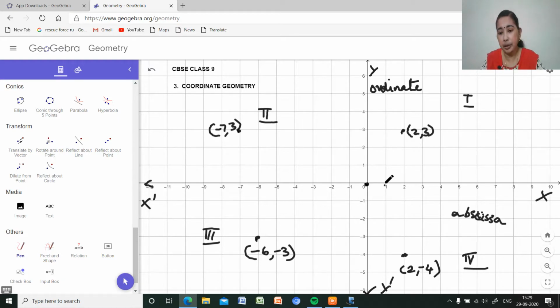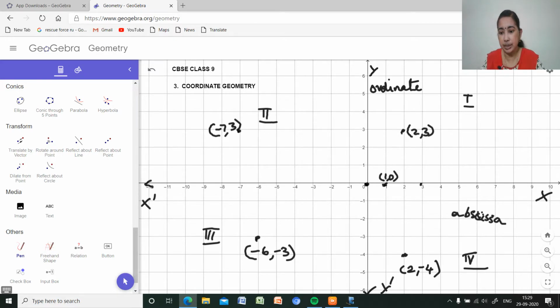Now any point on the x-axis, suppose this point, here it is 1, so we call that coordinate (1, 0), because the x value is 1 and the y value is 0. This is the y-axis. At this point the y value is 0 and the x value is 1.